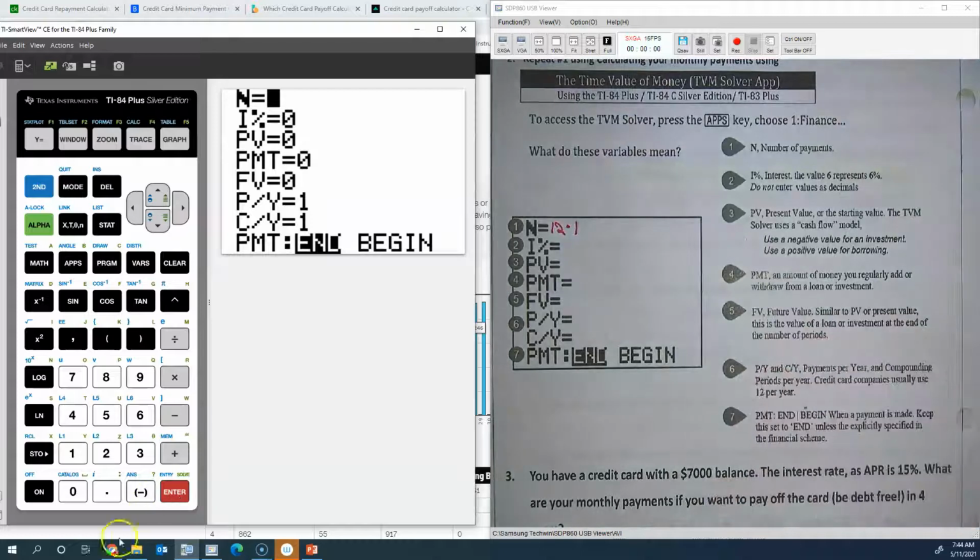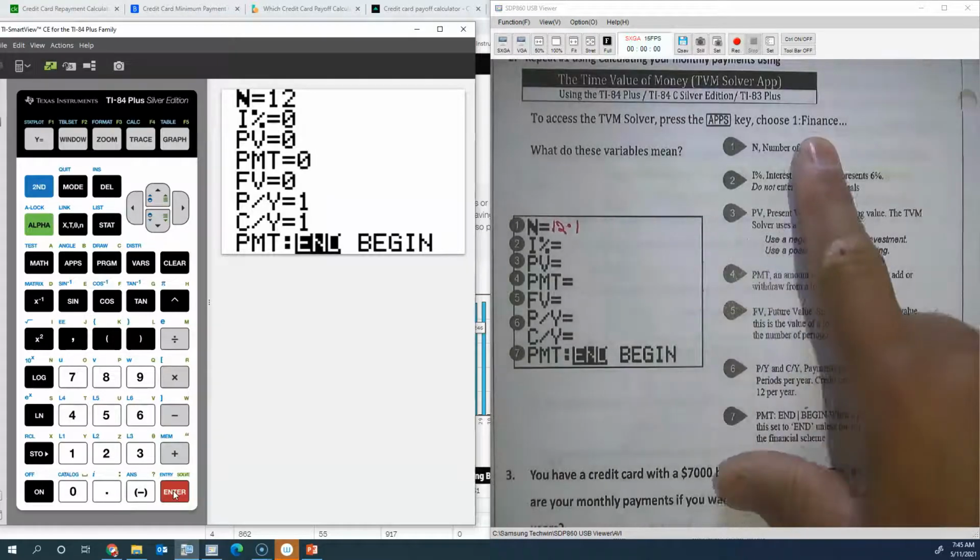So I'm going to type in 12 times 1, which is just 12. But if it wasn't 1 year, it would multiply those numbers out, like 12 times 30 or something. And now I hit enter, so it does the math for us.